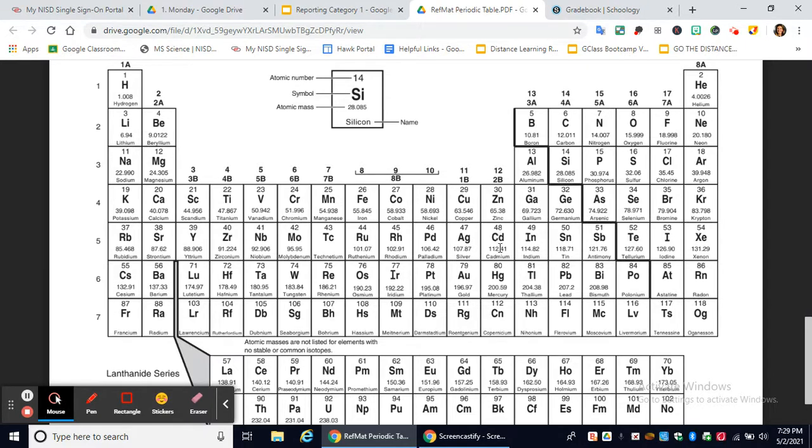Okay, and your number of neutrons. Remember, we want to take 112 and subtract 48. So 112 subtract 48 is going to give me 64. So I have 64 neutrons, 48 protons, and 48 electrons. So let's add that all together. And we get 160.